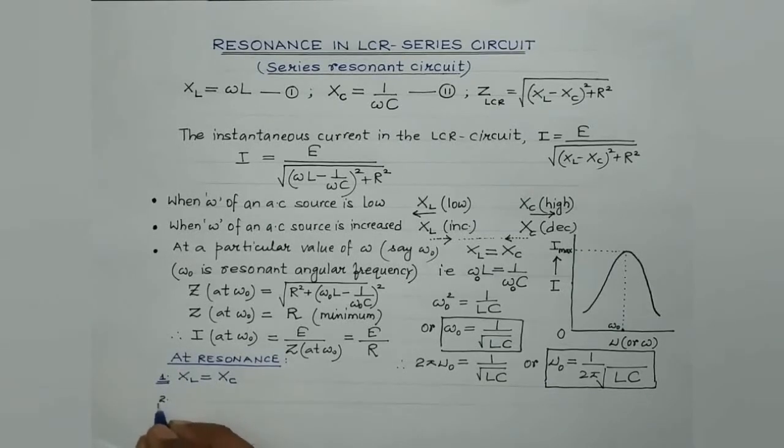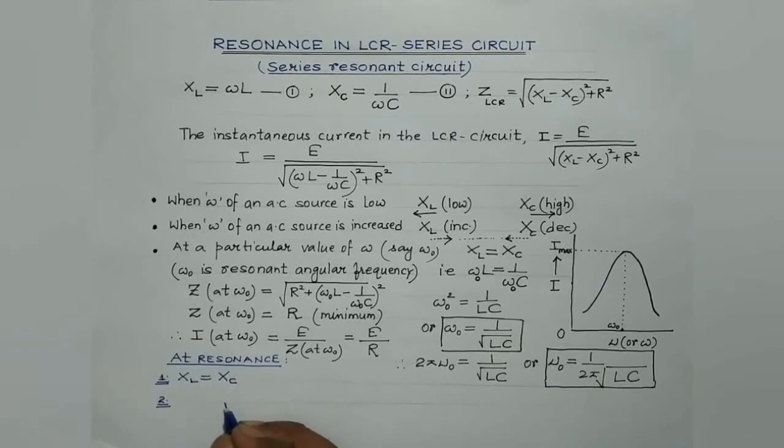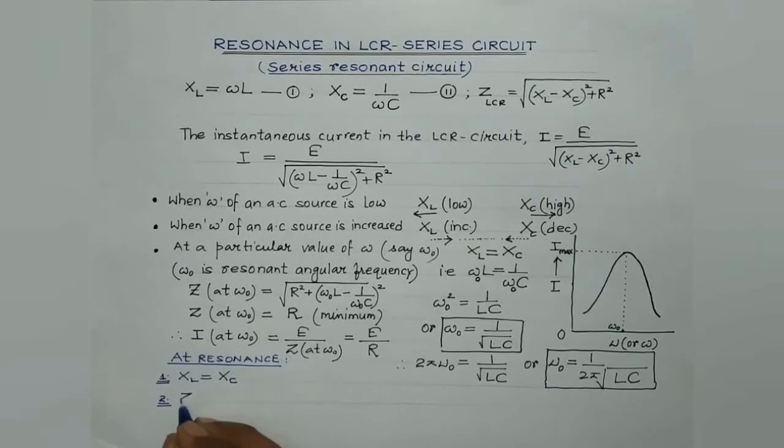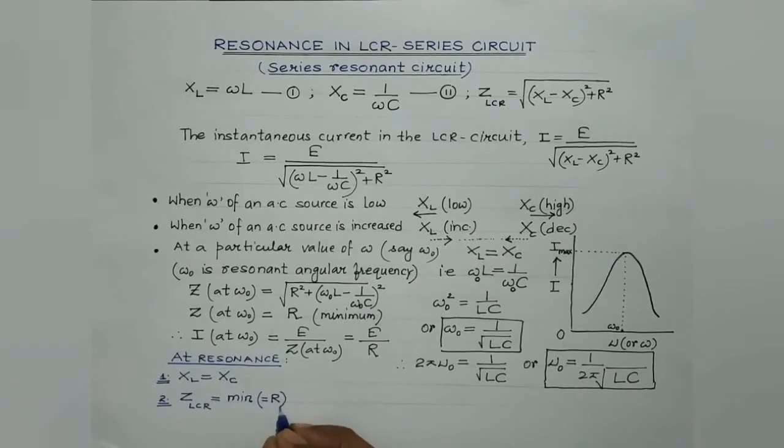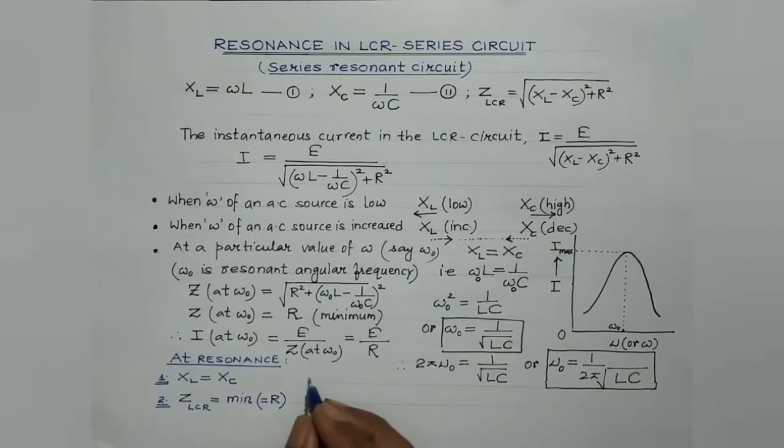That is, the inductive reactance is exactly equal to the capacitive reactance. Second, the impedance offered by the LCR circuit is minimum and it is equal to R, which is the ohmic resistance, right?